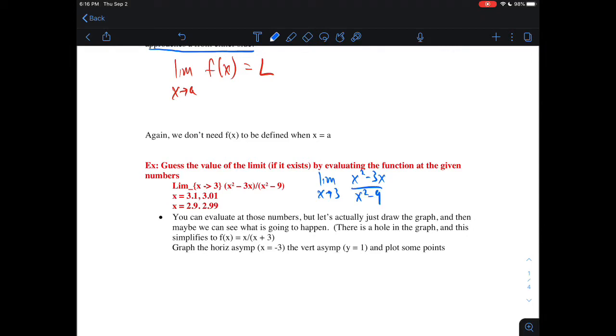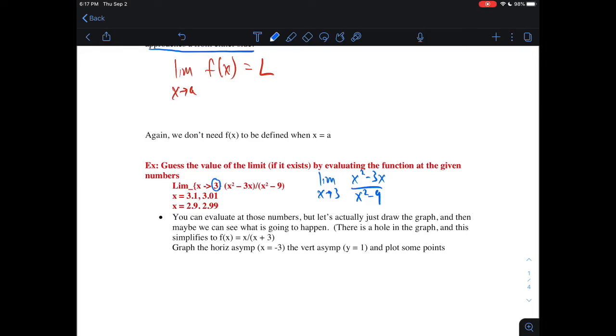I have it typed out, but written out we actually see the fraction a little bit more explicitly. So we're going to see if this limit might exist by evaluating this function at the values 3.1, 3.01, 2.9, and 2.99. And you can think that these numbers are essentially very close to the value of 3, which is what we are interested in.